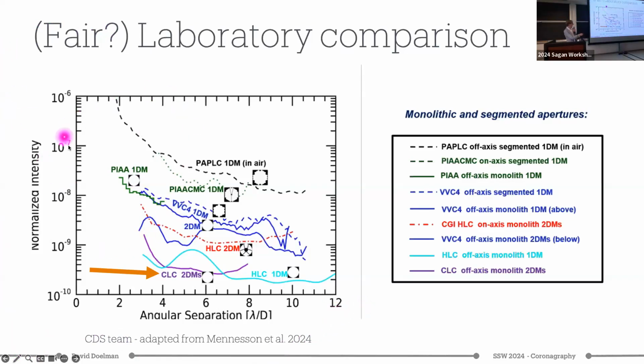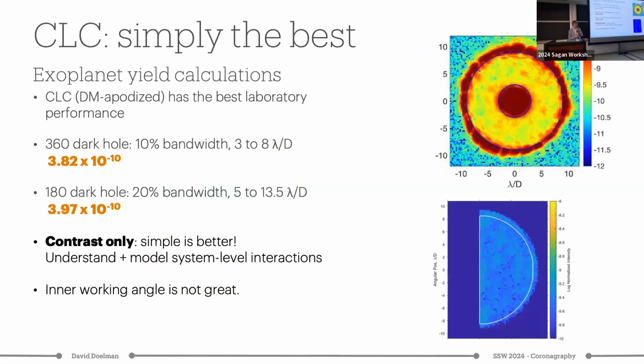You can recognize the PIAA, Vortex, Lyot coronagraphs, but this one here is actually the classical Lyot coronagraph, and it's currently performing best. Maybe surprisingly, the Lyot coronagraph for now is simply the best. Why is that? Its performance right now is a few times 10 to the minus 10, so it's getting close, for finite bandwidth, to what we need for Habitable Worlds.